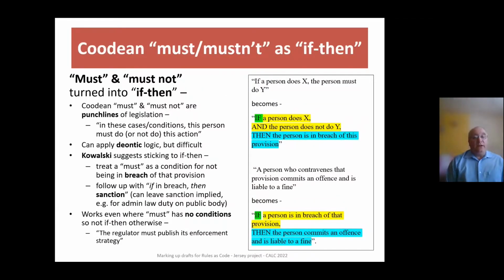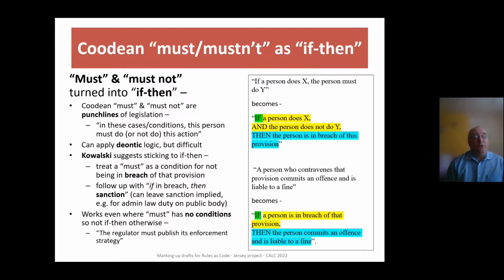Then there's the classic must and must not cases. Code, the original writer of the first drafting manual, treated this as the main thrust of any legislation. If somebody does something, then that person must do something else.